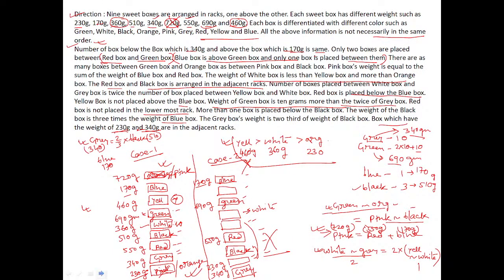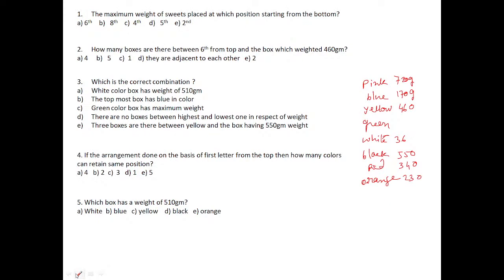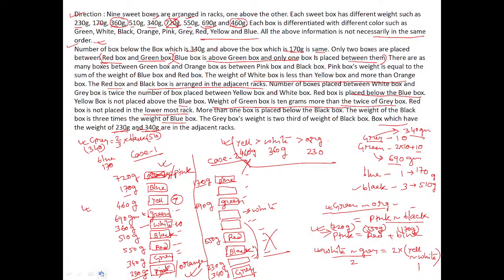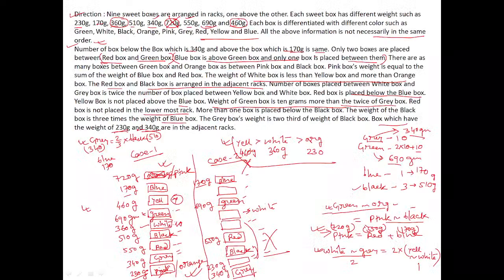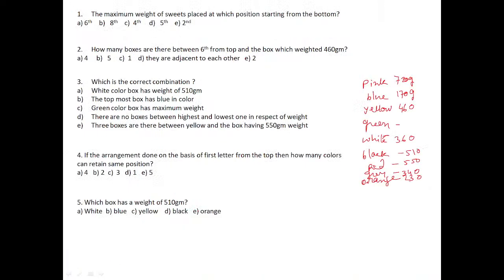So this is gray here. Gray is 340. Red is 550, black is 510, this is 360, and green is 690.